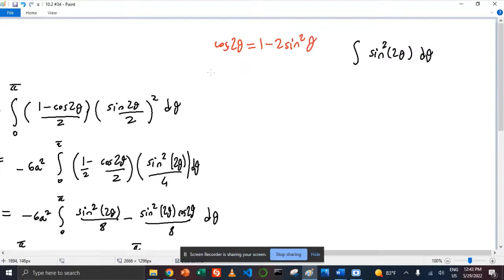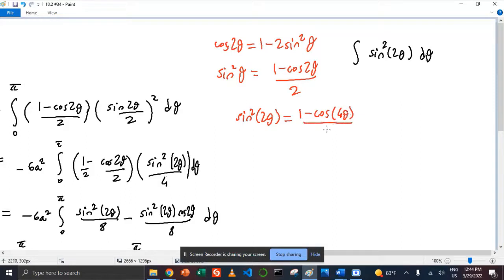From this we found that sine squared theta is equal to 1 minus cosine 2 theta over 2. Well, we can apply this to sine squared 2 theta, which is equal to 1 minus cosine 4 theta over 2. And we can replace this expression with this, 1 minus cosine 4 theta over 2 d theta.